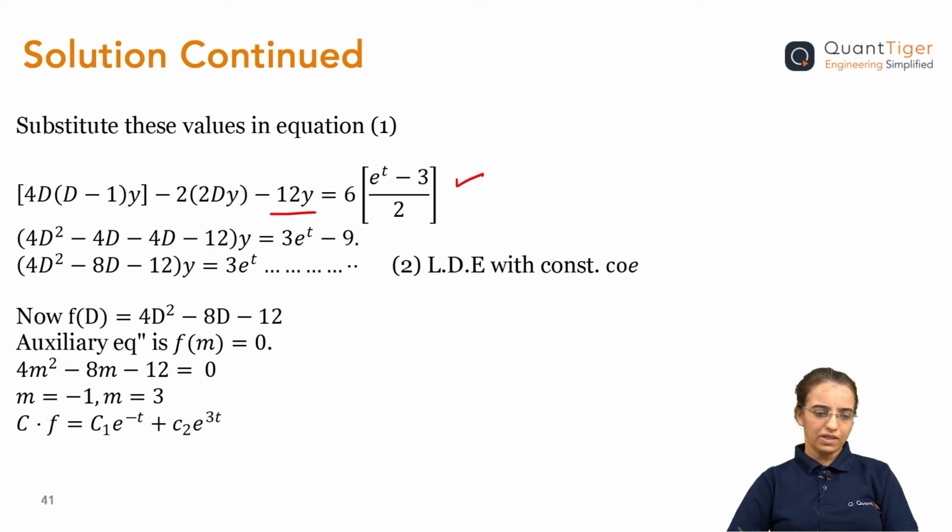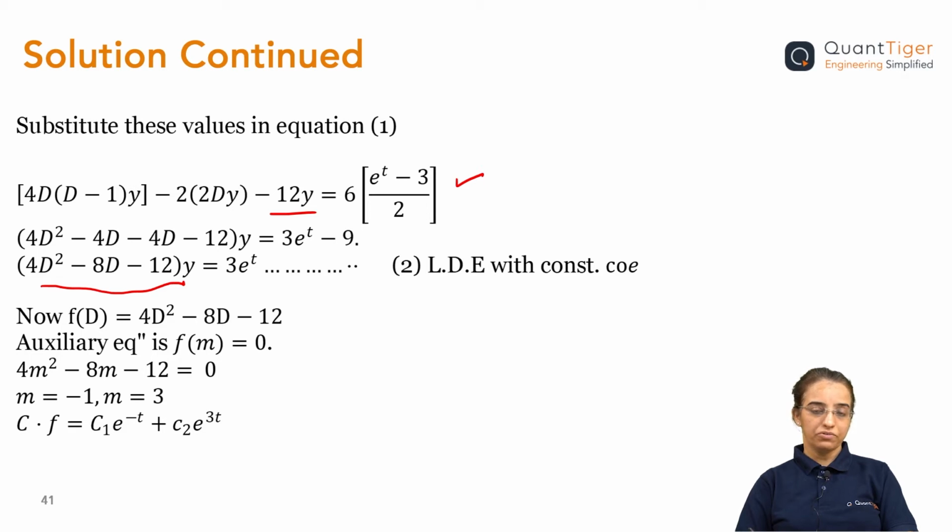So now further we have to get the equation in the form of f of D, that is nothing but the equation which we can convert into auxiliary equation format so that we can get the m's value. So after taking out y common from here I will get a linear differential equation with constant coefficient.